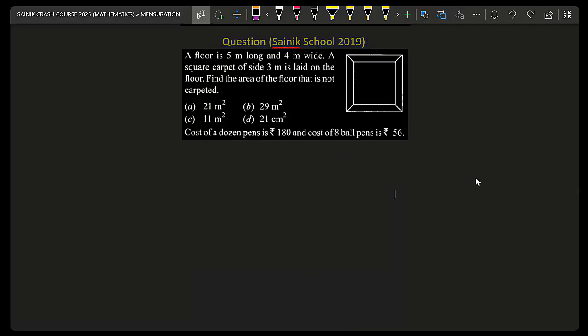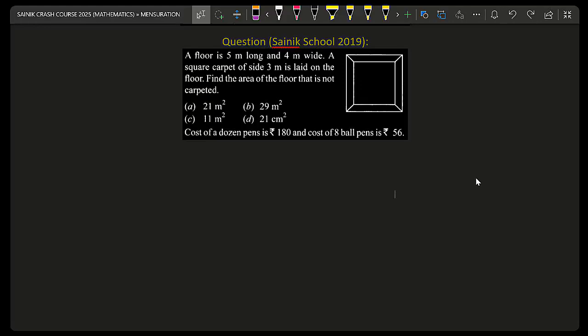Shriyansh, can you read again? A floor is 5 meter long and 4 meter wide. A square carpet of side 3 meter is laid on the floor. Find the area of the floor that is not carpeted. Sir, first we want to find the area of the square and the area of the rectangle and we want to subtract, sir.